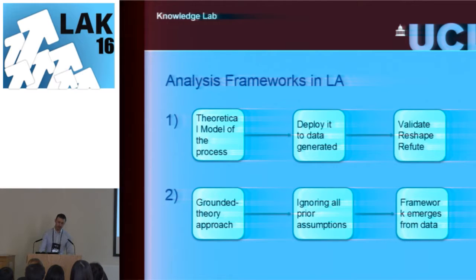But both of these approaches have their own advantages and disadvantages, because the top-down approach was criticized for the fact that the dimensions defined in the literature are not very observable in specific contexts, and the grounded theory approach is often criticized for not being very applicable to the variety of contexts that you would like to study.